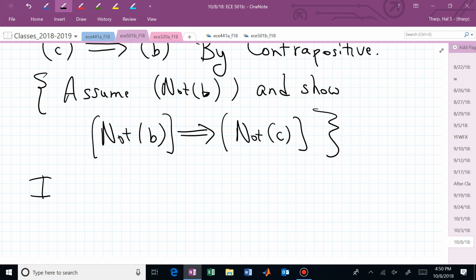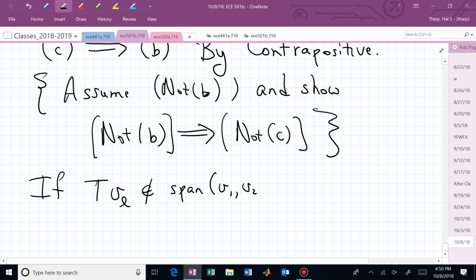What's not B? TV sub L is not in the span of V1, V2 up to V sub L. That's not B, and that's true for each L.